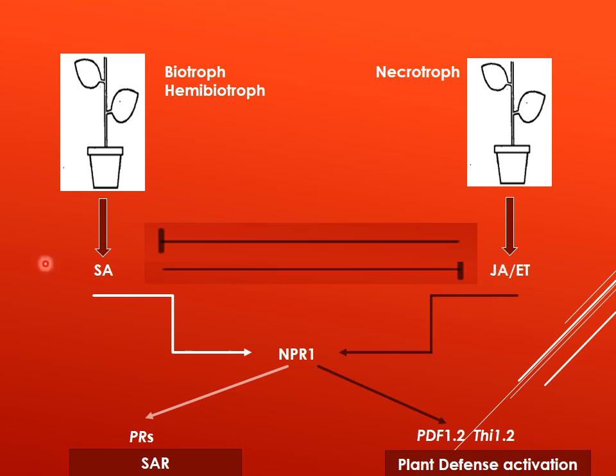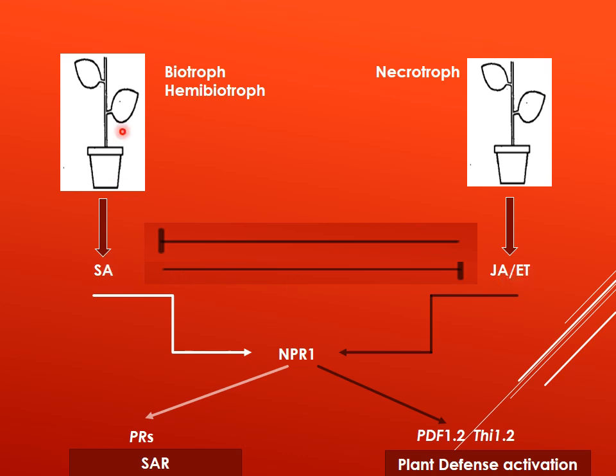So how are these two interlinked? Scientists found that the relationship between salicylic acid and jasmonic acid or ethylene is an antagonistic one. It means that when there is more production of salicylic acid, then it stops the production of jasmonic acid or ethylene.